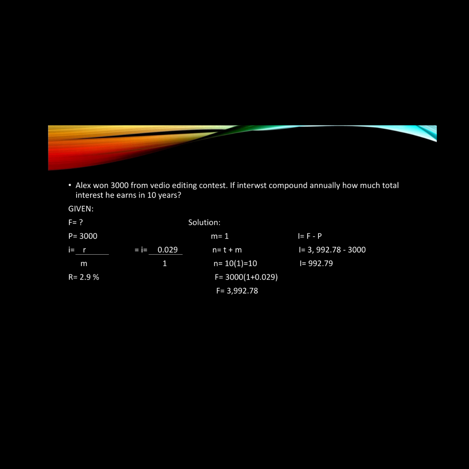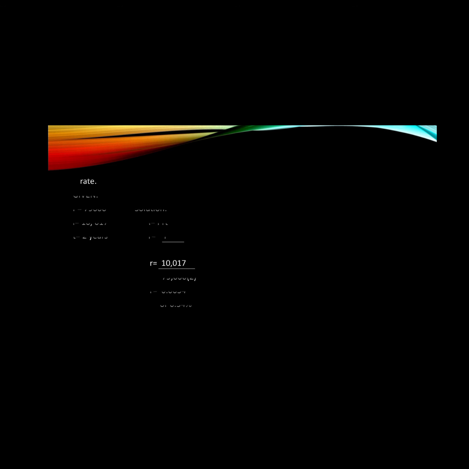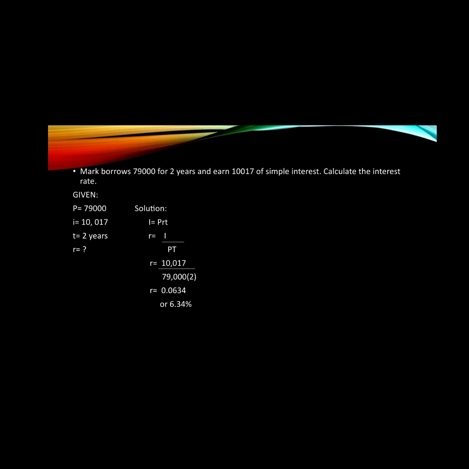So the future value is 3,992.78 minus 3,000. So the total interest he earned in the 10 years is 992.78.